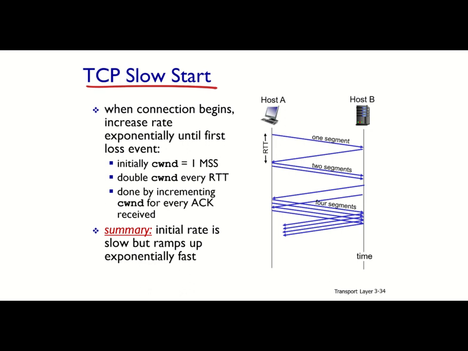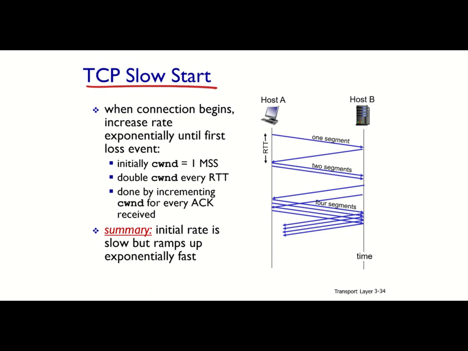So for example, at the beginning we start with sending one segment. After the first RTT, we double the number of segments. So next we send 2 segments. After we receive the acknowledgement for each of those segments, we double the number of segments that we send.